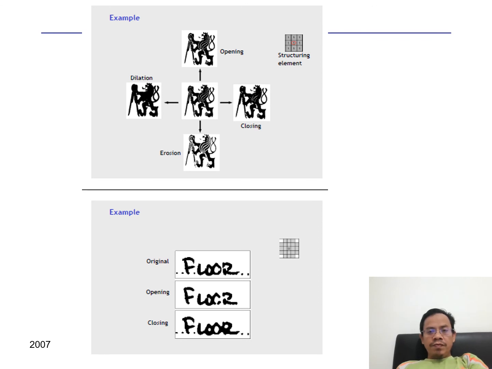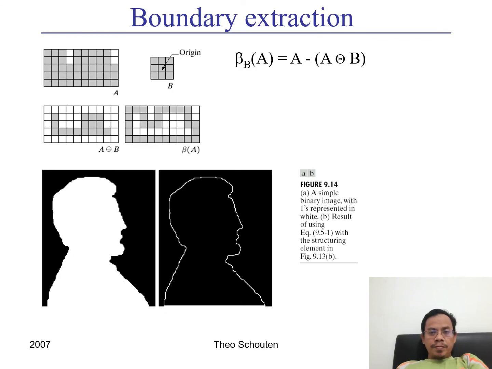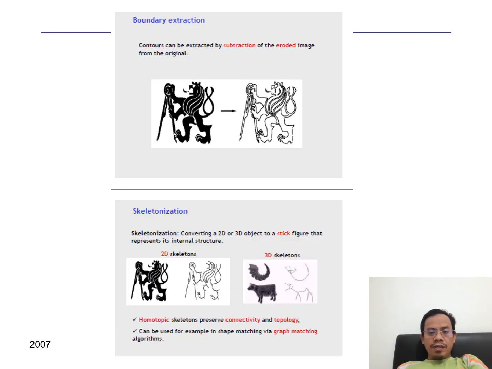But when we perform closing, perform opening, we get this kind of output. Original image, opening, closing. So closing is better. Closing means that we perform dilation, then we perform erosion. Okay, so this is another type of morphological operation.